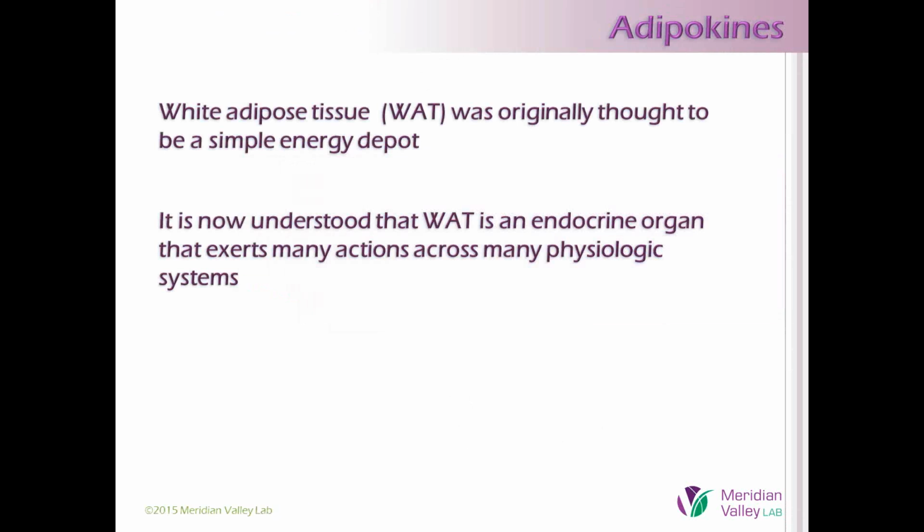Let's start with adipokines, our first mechanism today for insulin resistance. Adipokines is another name for the chemical messengers that come from adipose tissue. It was originally thought that white adipose tissue was nothing more than a simple energy depot, but we now know that adipose tissue, especially white adipose tissue, is an endocrine active organ and exerts many, many physiologic effects.